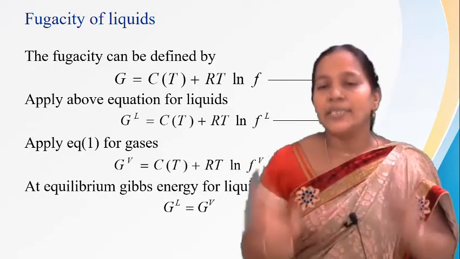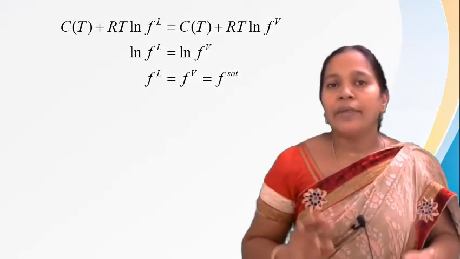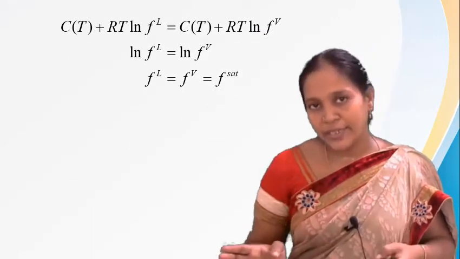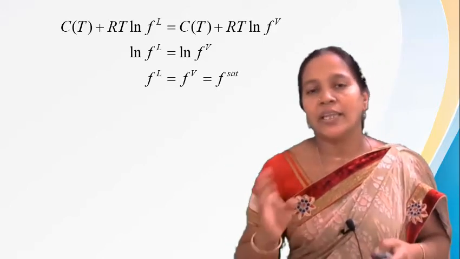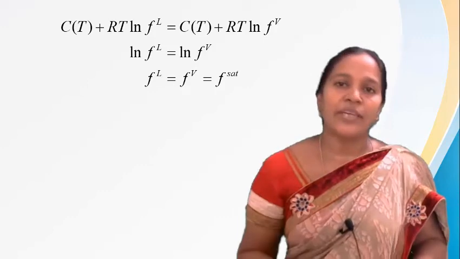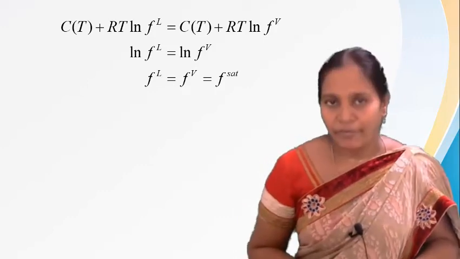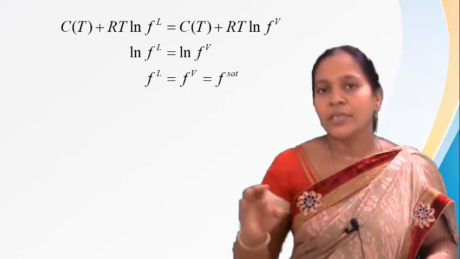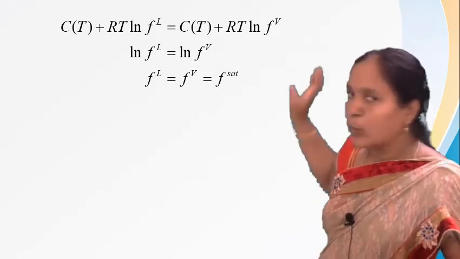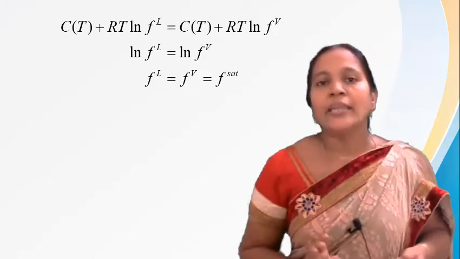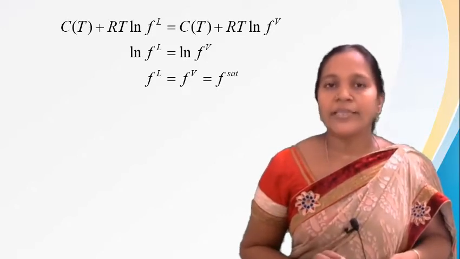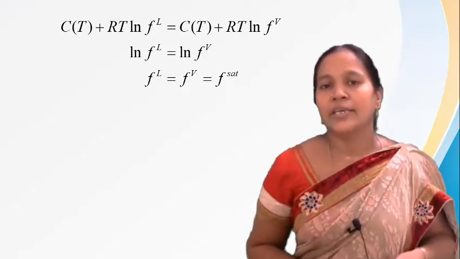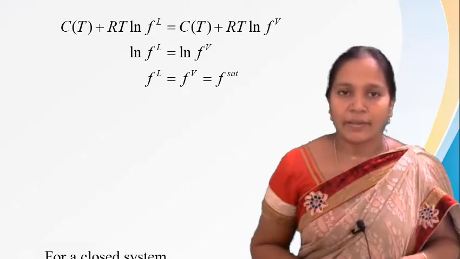Therefore, GL is equal to Gv. Equate the Gibbs energy for liquid and vapor: Gamma of T plus RT ln fL is equal to Gamma of T plus RT ln fv. Gamma of T terms get cancelled on both sides. Therefore, ln fL is equal to ln fv. fL is equal to fv is equal to fsat.